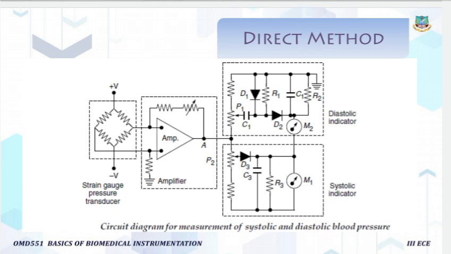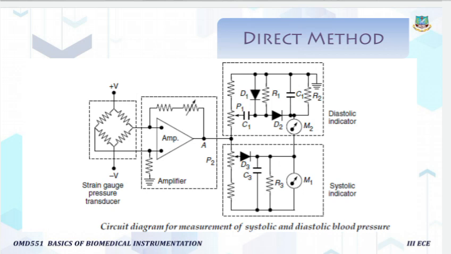The voltage appears across the R1 resistor. Then the diode D2 is on, so C2 is charged up to the peak value of the pulse signal.